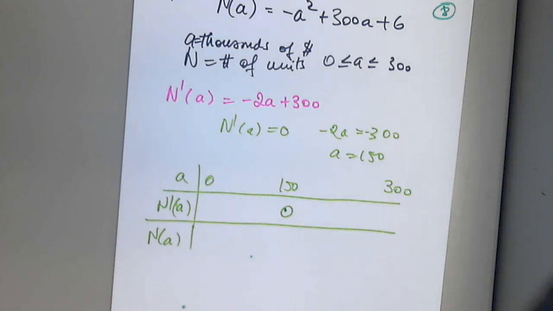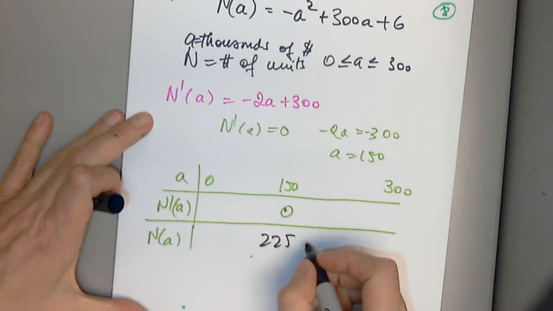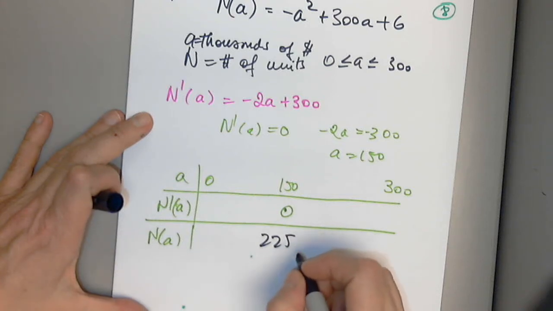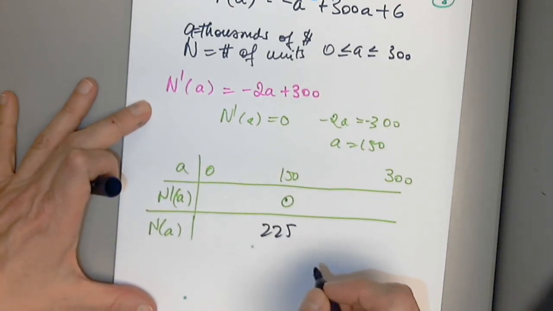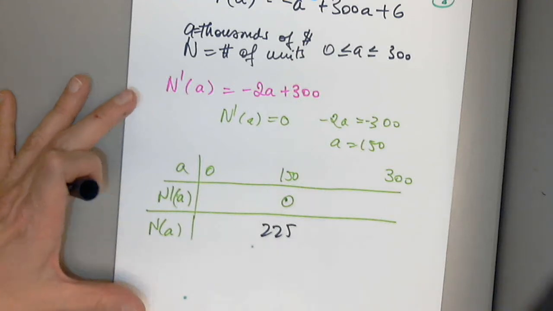I should find n of 150, because I need that point. Can anyone give us n of 150? Uh, 22,506. I'll write it down, 22,506. That doesn't sound right. Okay, let's do it again.